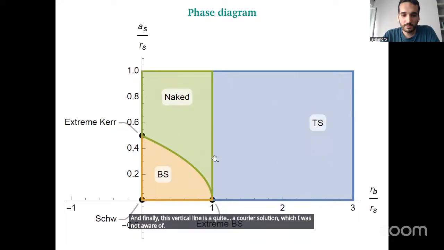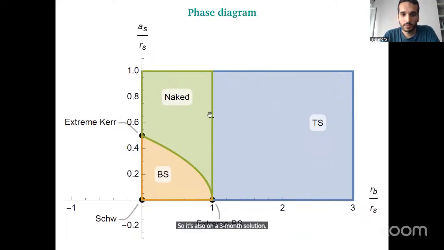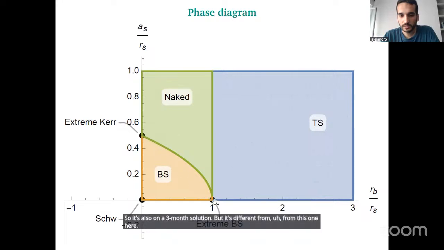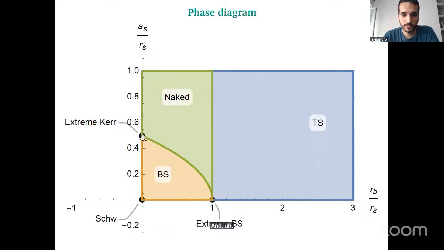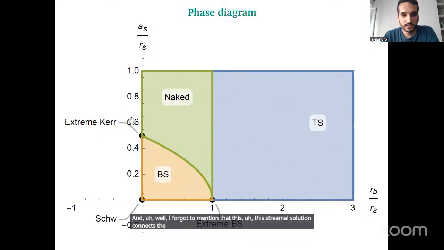It is also an extremal solution, but it's different from this one here. And I forgot to mention that this extremal solution connects the extremal Kerr solution and also the extremal Horowitz-Strominger black string.